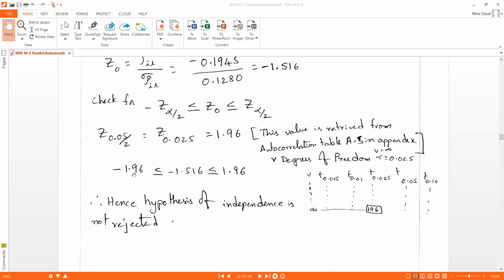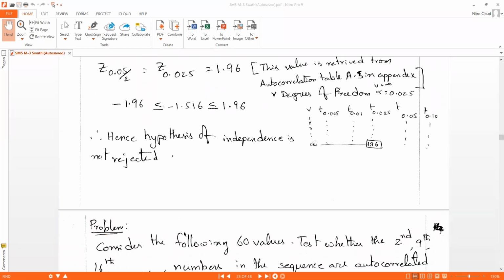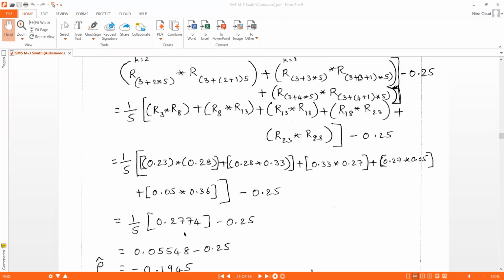So it should be minus 1.96 less than or equal to minus 1.516 less than or equal to plus 1.96. Okay, is this equation satisfied? Yes. So therefore, hence the hypothesis of independence is not rejected. Okay, in this way we will test the correlation between the series of random numbers.